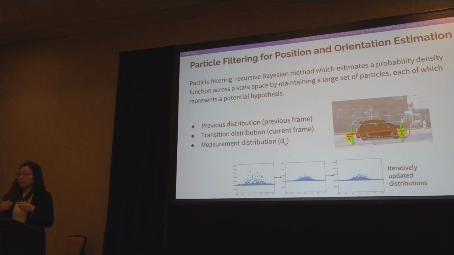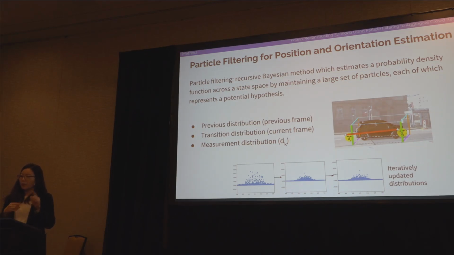Here's a brief introduction of what particle filtering is. It's basically a recursive Bayesian method which iteratively updates the probability density function, which is a representation of the potential hypothesis. And in our setting, the hypothesis is the 3D state of the object, which is the 3D orientation and position of the object.